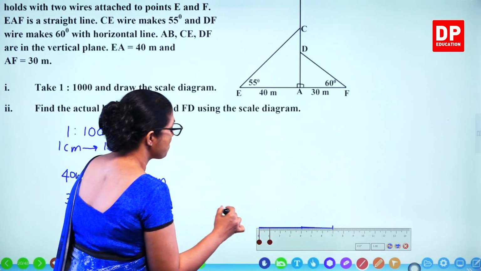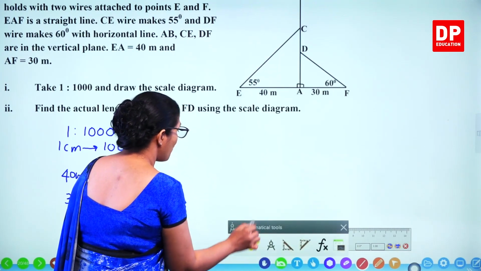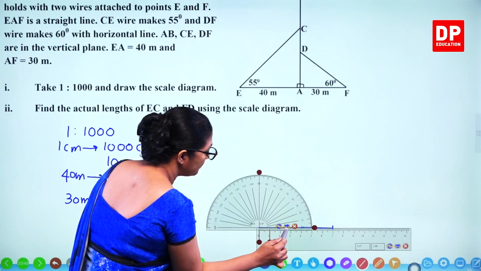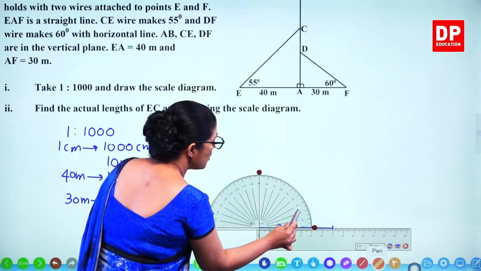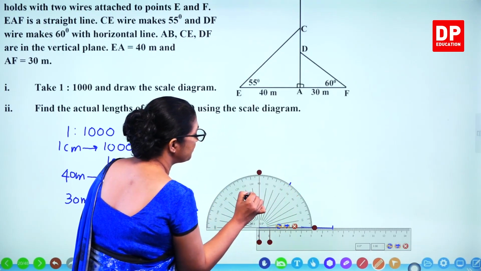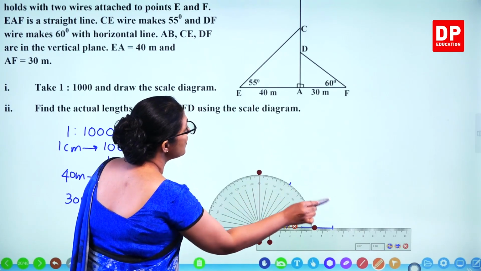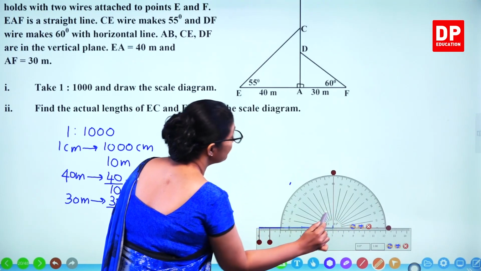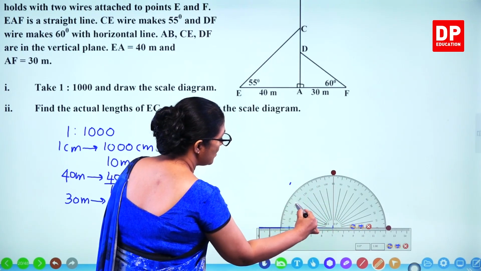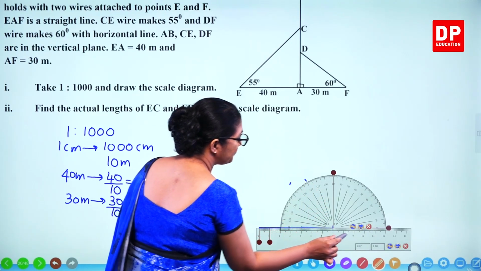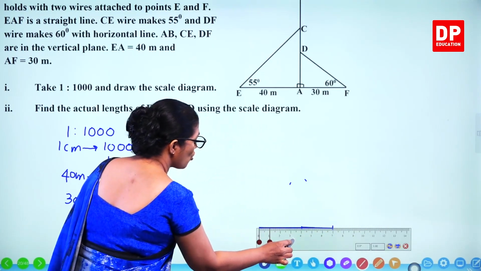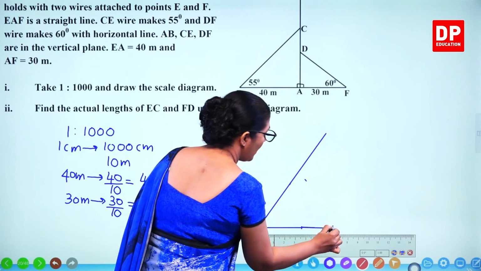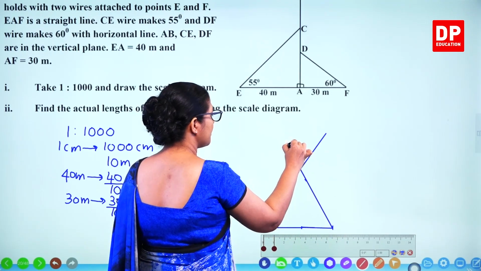Then we need the protractor to measure the angle 55 from here: 10, 20, 30, 40, 50, 55 is here. Then from this point, 60 degrees to the other side: 10, 20, 30, 40, 50, 60. Now we can join this one with this and this one with this.